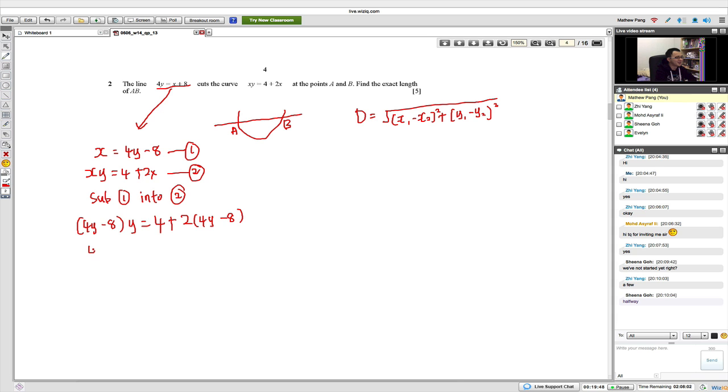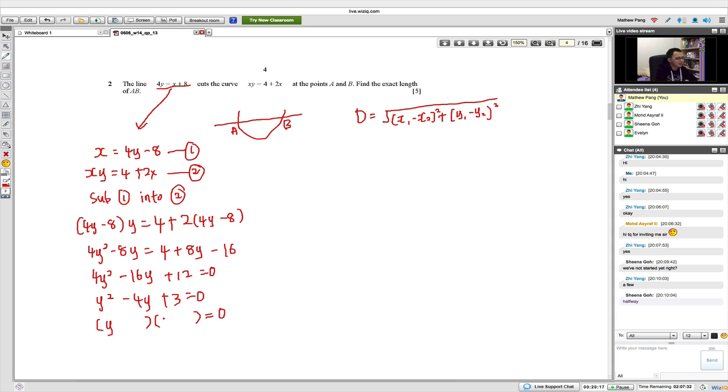This is 4y squared minus 8y equals 4 plus 8y minus 16. I will move everything to one side, so I get 4y squared minus 16y, then negative 12 plus 12 equals 0. Divide by 4: y squared minus 4y plus 3 equals 0. Then I have two values for y.